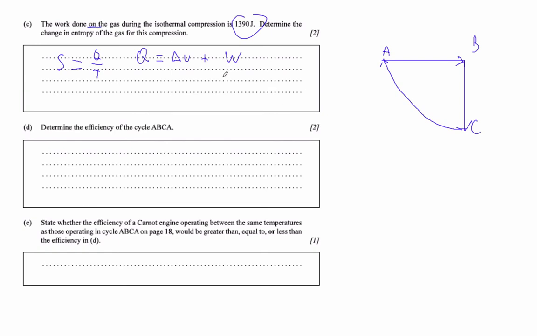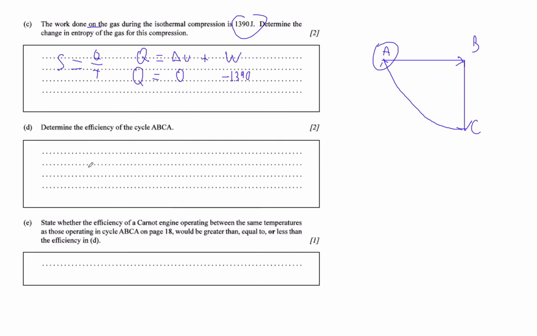So it's negative work, so we go negative 1390 equals, and then remember this is 0 because an isothermal compression is the same temperature. If the temperature doesn't change, the internal energy doesn't change. So I think you can show that this much heat flows out of the gas, and then I think you know the temperature of this entire cycle because A and C are the same temperature, right? They tell you the temperature of A at the beginning, right?